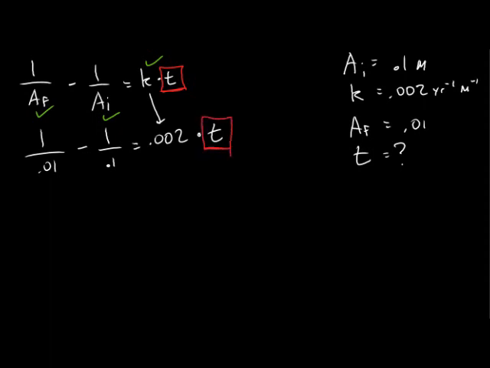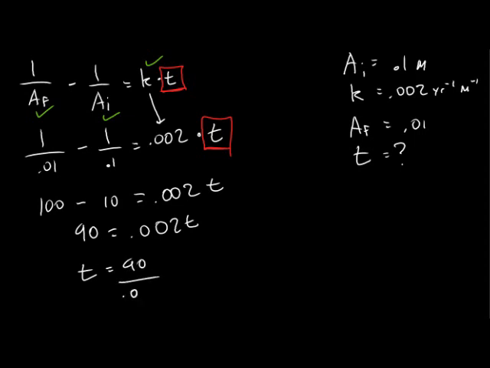If we divide, we'll end up with 100 minus 10 equals 0.002t. 100 minus 10 is 90, still equals 0.002t, and therefore our time is 90 divided by 0.002. If we divide, we'll end up with 45,000 years.